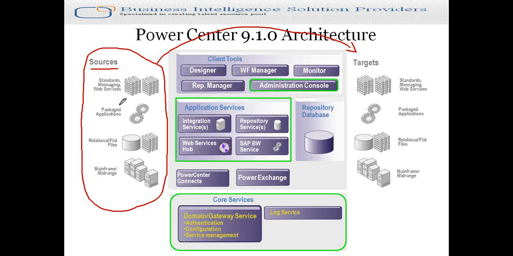Packaged applications are nothing but the contents which I've already mentioned. So all these can be considered as your sources, and when we are moving them to the targets, we can have any of the list of options which I've just said. Okay, I have a question.